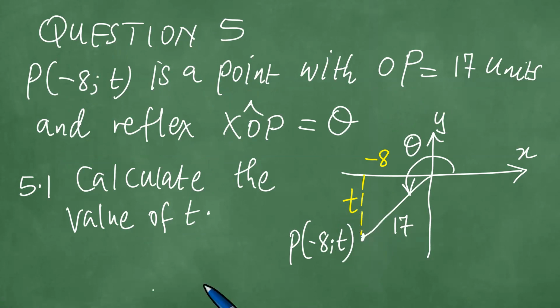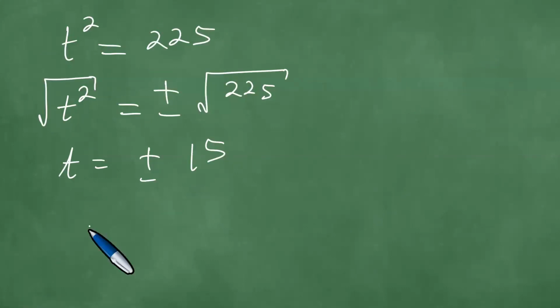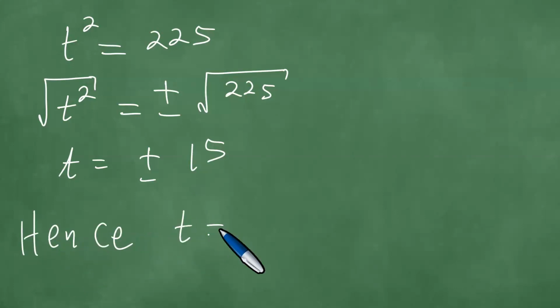So it must have a negative value, minus 15. Hence, t is minus 15.